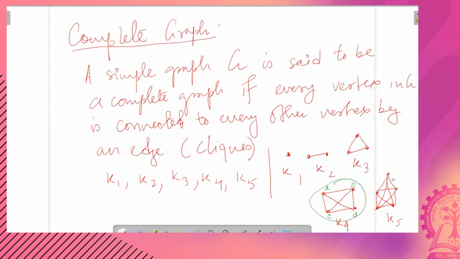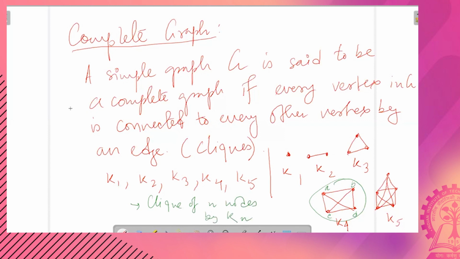In general, we will refer to a clique of n nodes by Kn.